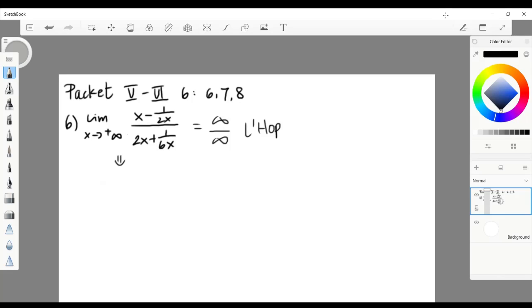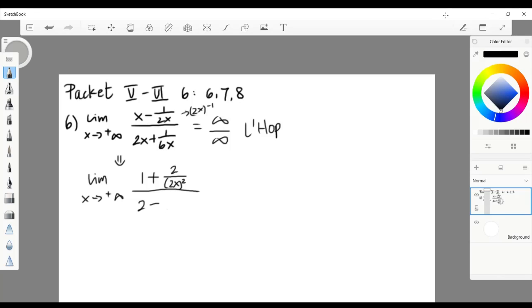So we take the derivative of the top and the bottom, we get limit as x approaches positive infinity, 1 minus, since we can look at this as 2x to the negative 1 power. So in here, the negative becomes a positive, and using chain rule, it's 2 over 2x squared, over 2, plus the same thing, but since this gives a negative, this will be a negative instead of a positive.